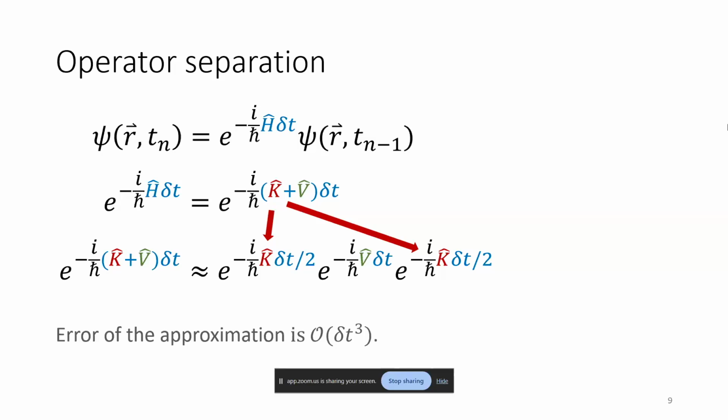And now we have separated the operator into three different terms. The first and the last term are the same, which only contain the kinetic operator, and the middle one only contains the potential operator.